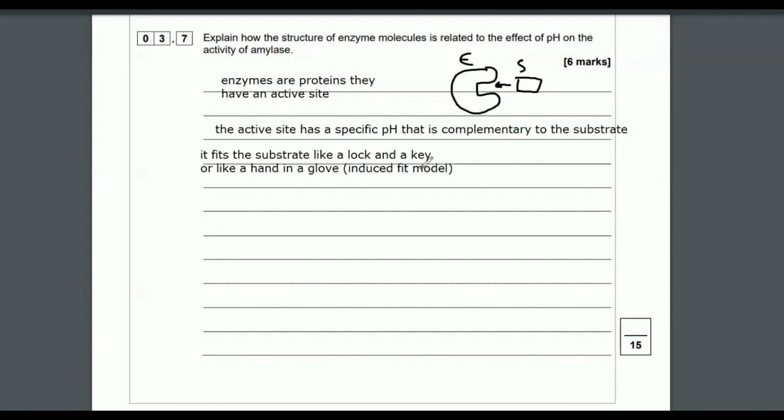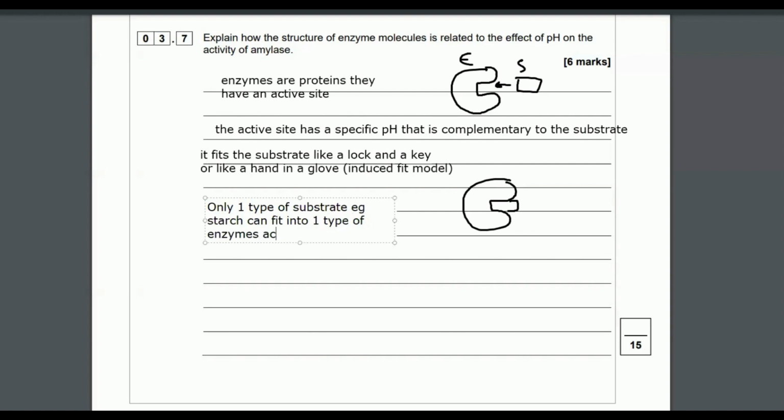Once they join together like that, only one type of substrate, e.g. starch, can fit into one type of enzyme's active site, e.g. amylase. So really, I've already said that with the lock and key, that there's specificity, that the substrate can only fit in there.